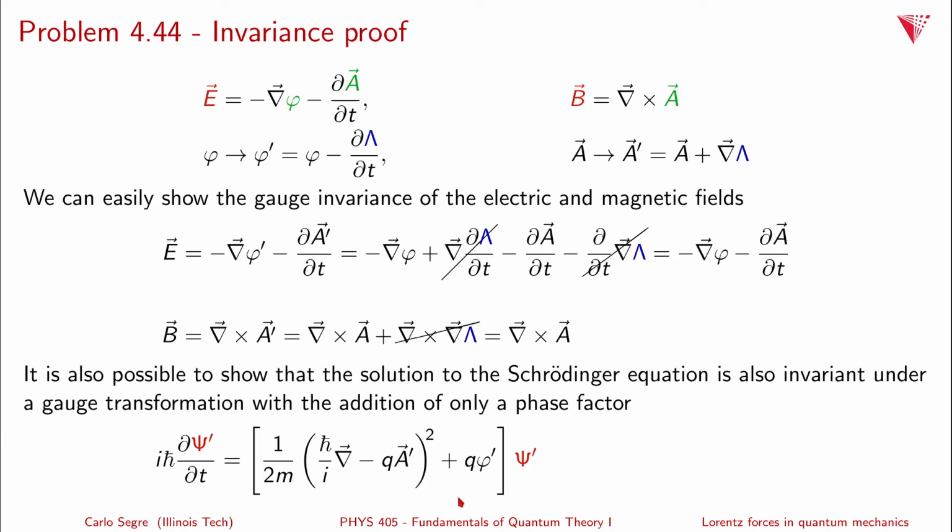And the only change we have to make is we have to replace the original wave function psi with psi prime, which is psi times a phase factor. And the phase factor is e to the i q lambda, which is a gauge transformation, divided by h bar. So we treat q lambda as sort of an energy. This becomes a phase factor. It becomes dimensionless.